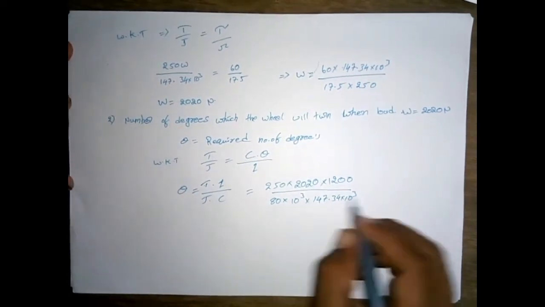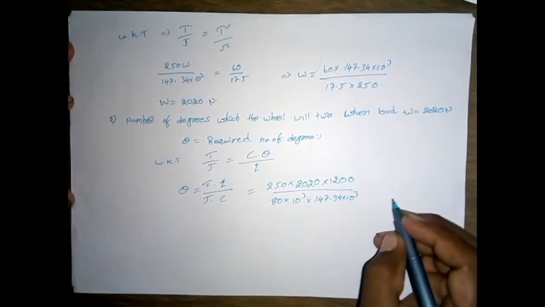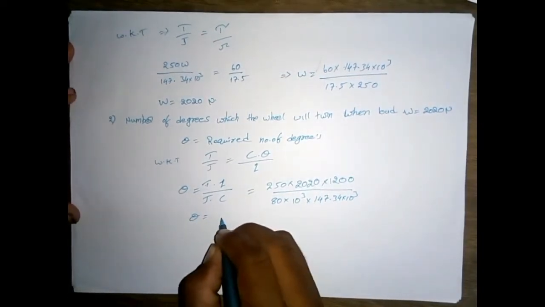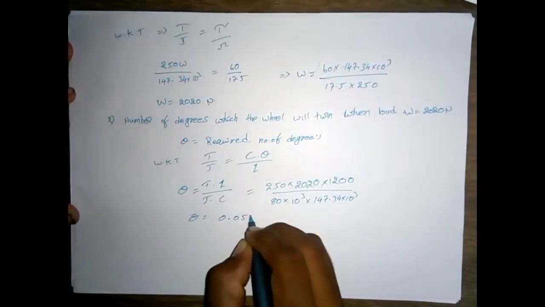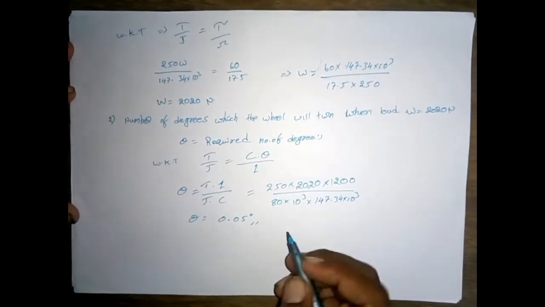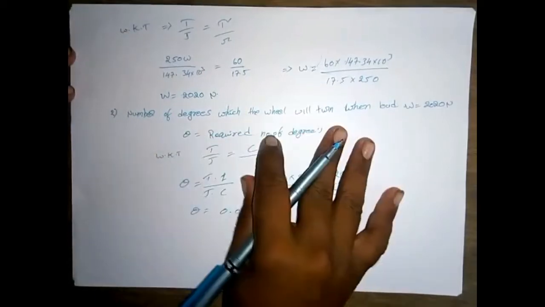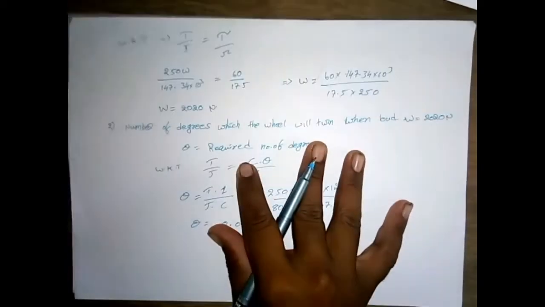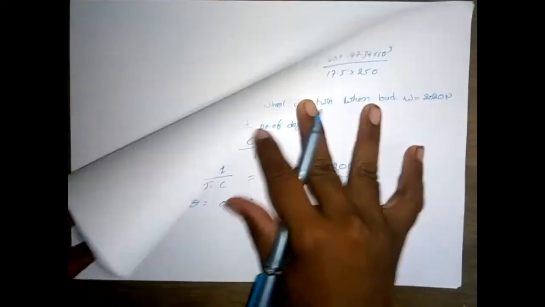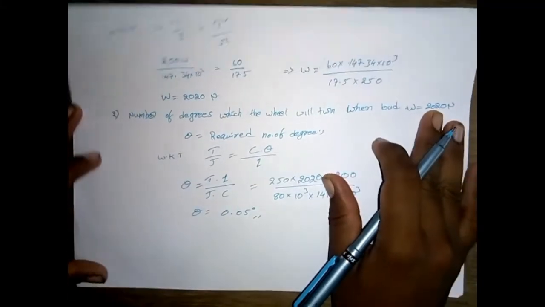Solving the calculation with all these values, we get theta equal to 0.05 degrees. This is the required angle through which the wheel will turn when the load is 2020 newtons.